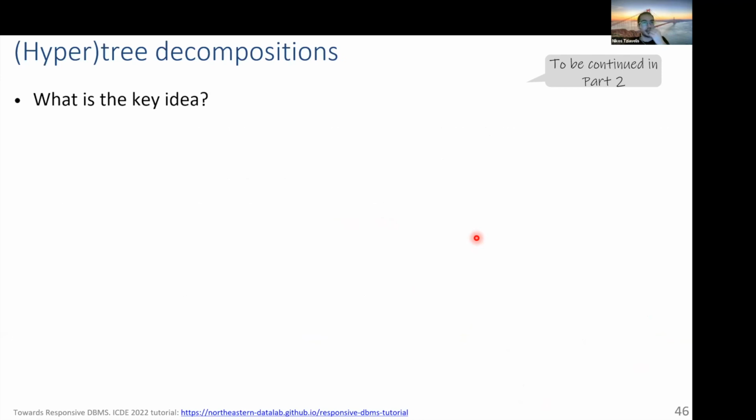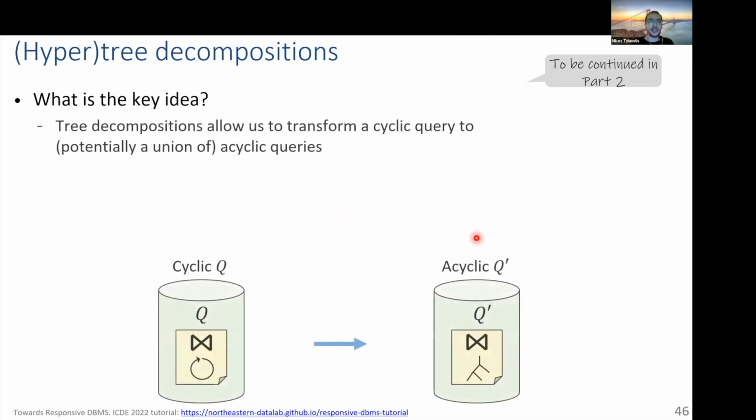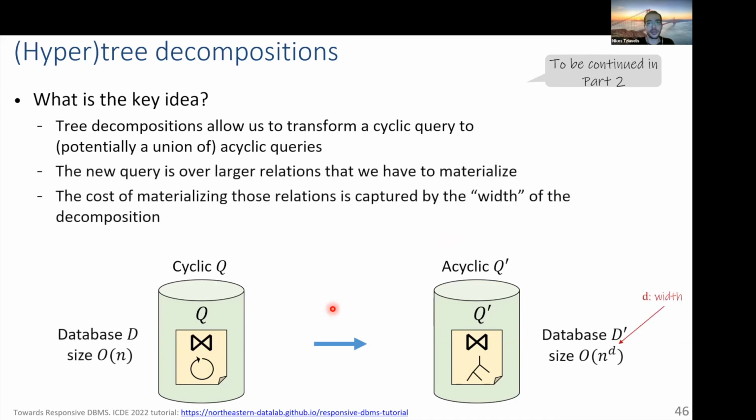Finally, hyper-tree decompositions, or tree decompositions for simplicity, is a technique that allows us to take a cyclic query and transform it back to the acyclic case. So basically, we start with a query that has cycles, and it's over a database with size n. And by applying these hyper-tree decompositions, we can get another query that doesn't have cycles.